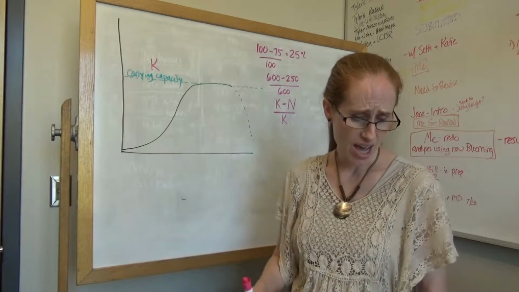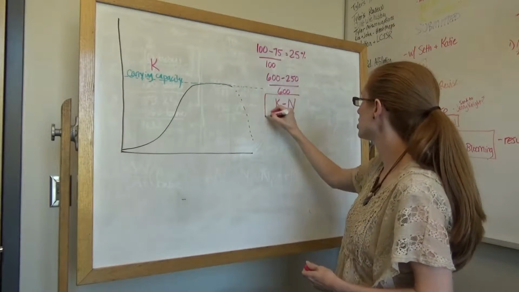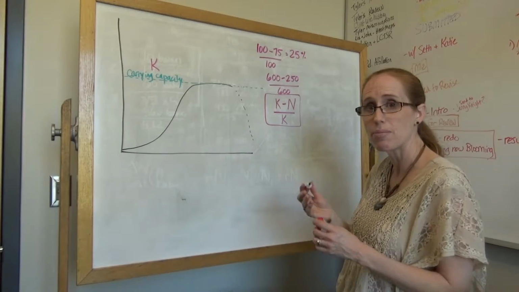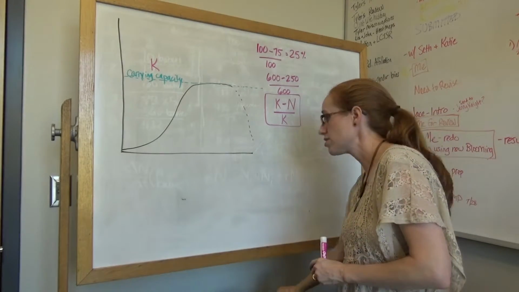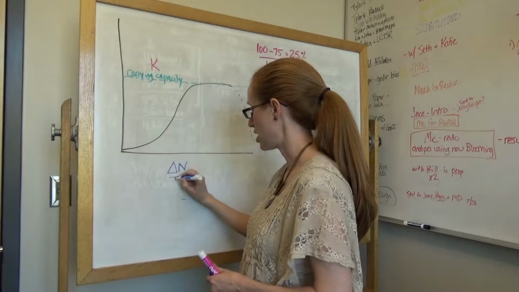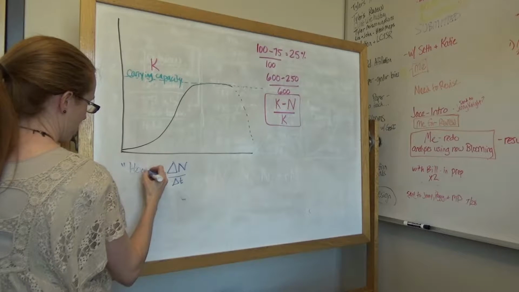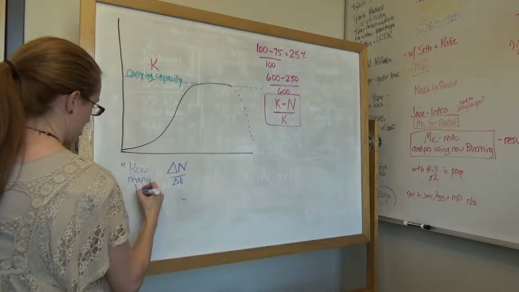So then 15 asks, how can we factor this part of the equation into our original equation? If you remember, the original equation, in order to figure out how many babies, so the change in the population over time, which remember is always how many babies?